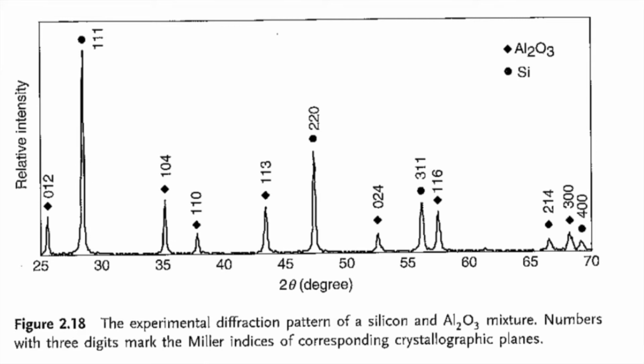And so what we need to know is for each peak, so you can see that this one has already got a label of 111, so it corresponds to a 111 plane, and then it also corresponds to a particular phase.